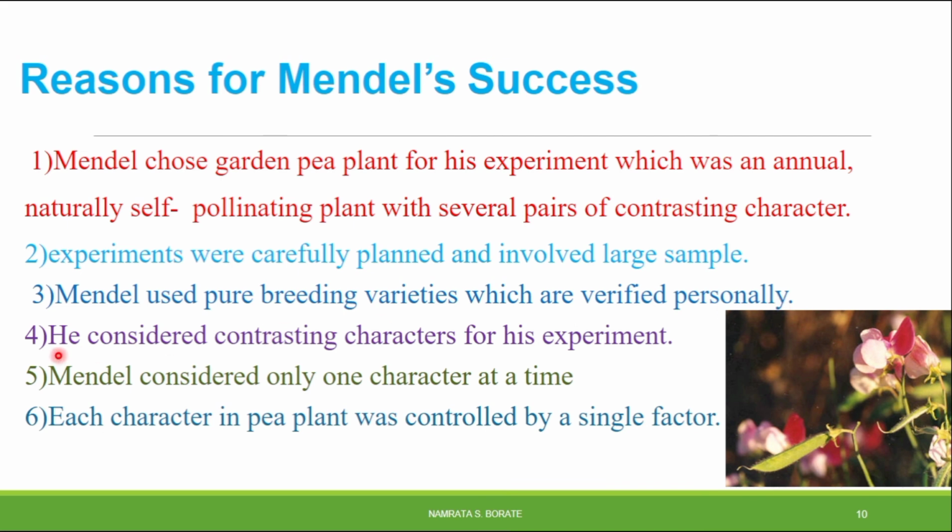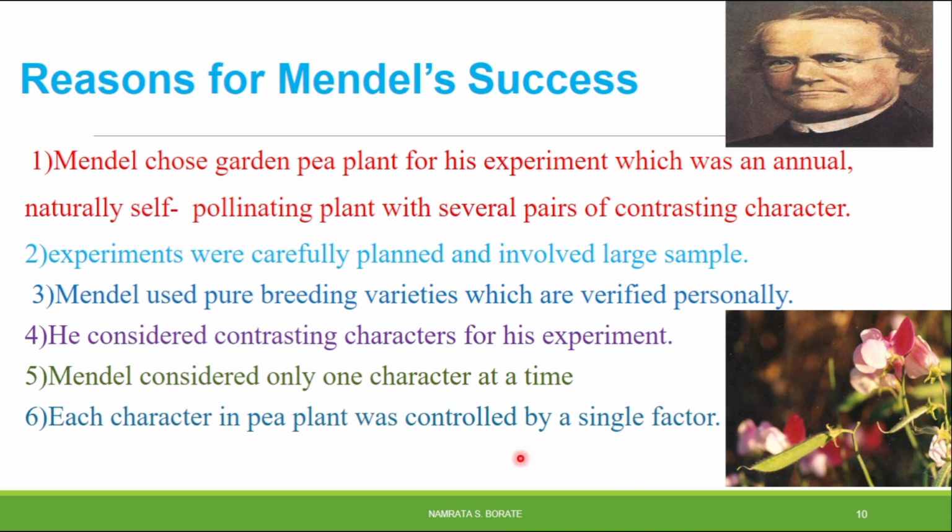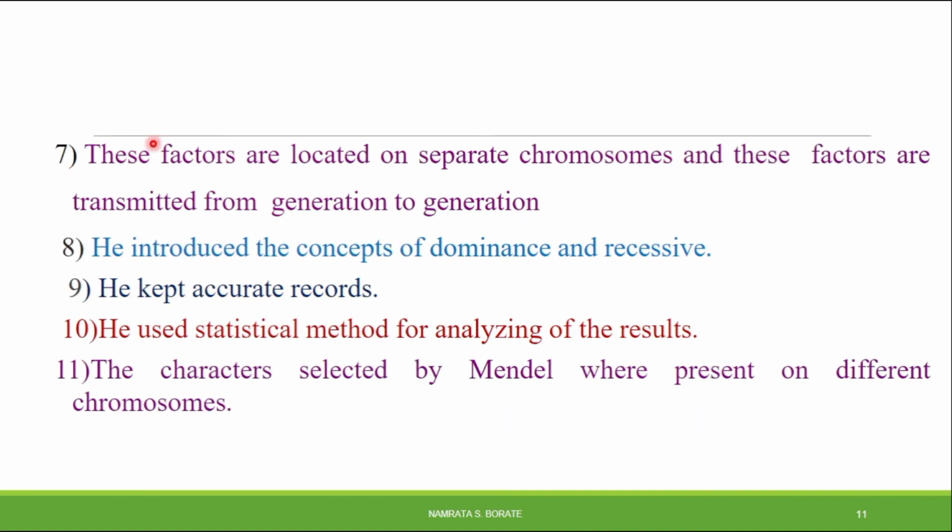The fourth reason is he considered contrasting characteristics for his experiment. The fifth reason, Mendel considered only one character at a time. Each character in a pea plant was controlled by a single factor. What's a single factor? That is a single gene. The seventh reason, these factors are located on separate chromosomes.